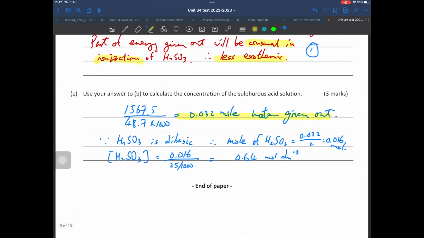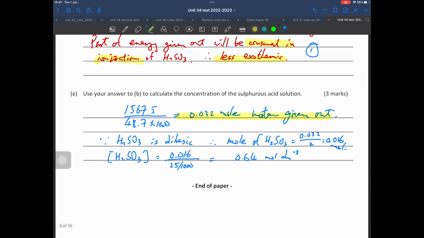Calculate the concentration of the H2SO3. Now, first of all, with the energy given out in the experiment and with the value given here, minus 48.7 kilojoule per mole, let's see. If you study the definition, producing 1 mole of water gives you 48.7 kilojoules, so our equation can be used to find the amount of water given out in the whole reaction.